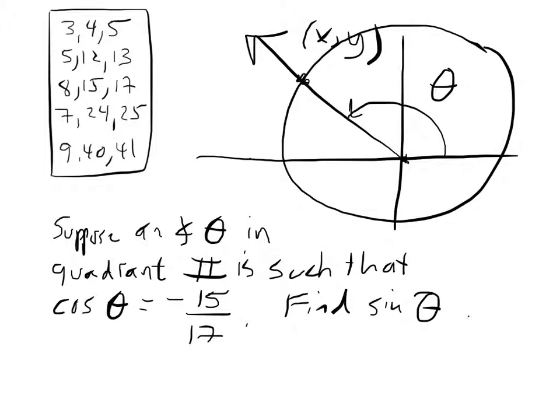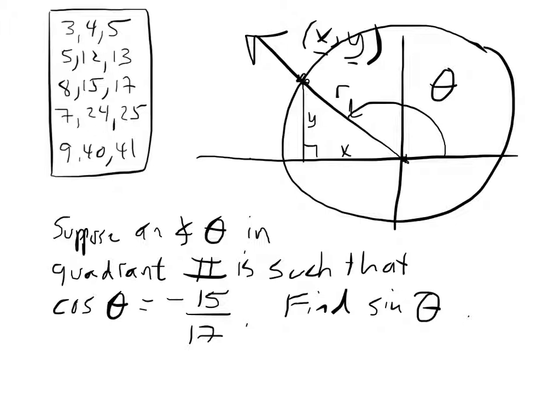The sine and cosine of that angle can be related to the x and y coordinates and the radius of the circle. We're told the cosine of the angle is negative 15/17. How can we visualize where that x and y are? We can drop down an altitude, a perpendicular to the x-axis. This is our x, and this is our y.